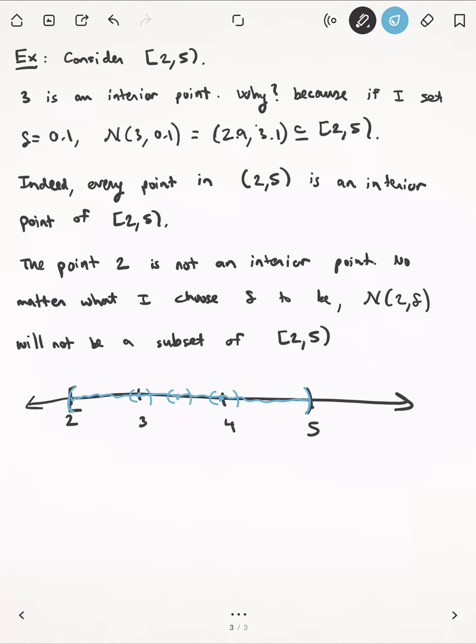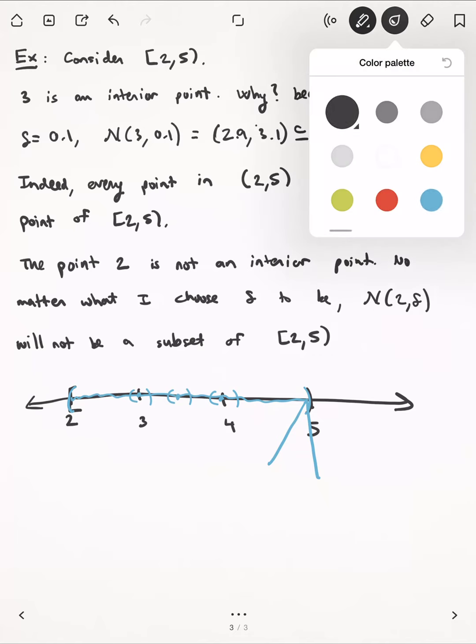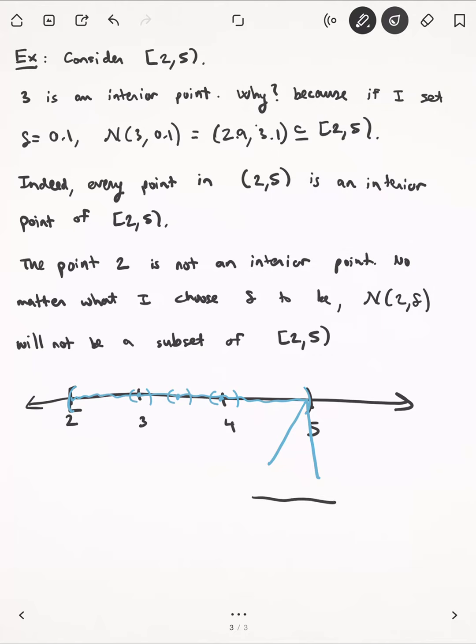And you might be curious, well, what if I get really, really close to 5 or 2? Let's say I get really, really close to 5, and I choose the point right here. Is that still an interior point? Yes, no matter how close you get, I can still draw some parentheses around that point. There's still some space there for which I can make sure that the neighborhood is contained within the interval, right?